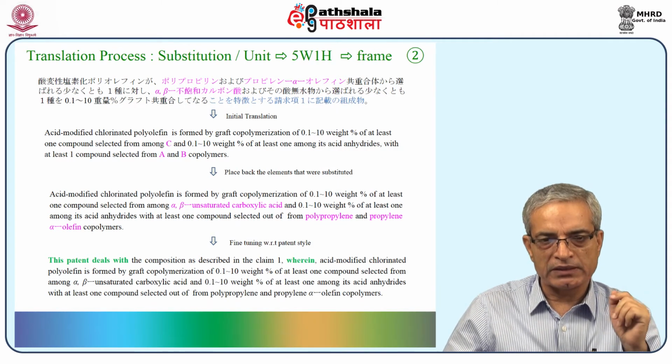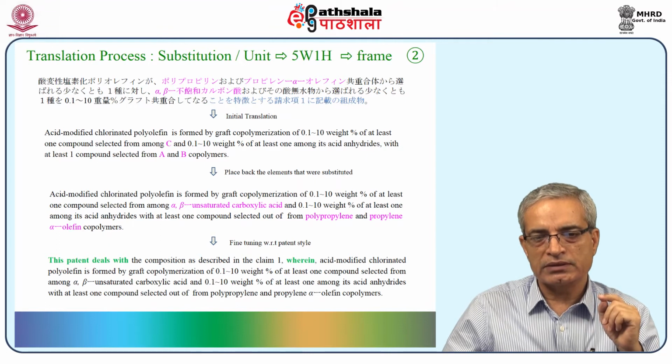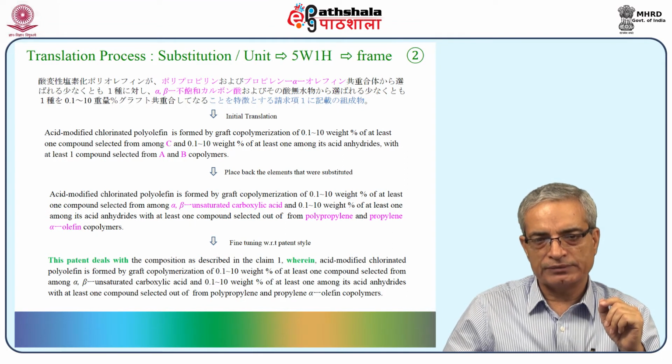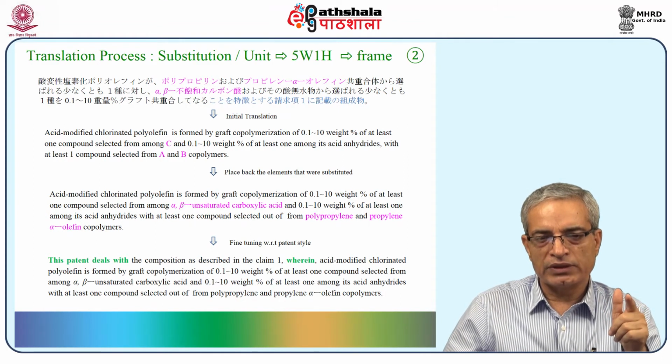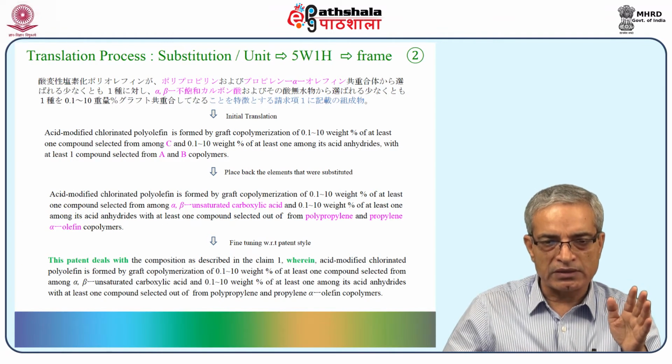Now let's place back the elements that were substituted. That means alpha beta unsaturated carboxylic acid, polypropylene, and propylene alpha olefin back for A, B, C. And the fine tuning is, "this patent deals with" comes here and "wherein" comes here. So this makes the sentence complete.